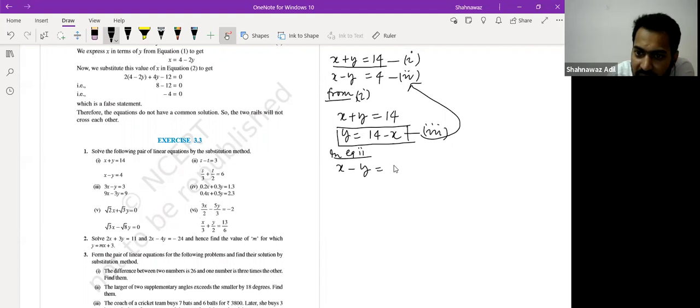So x minus y is 4, right? So this will be what? X minus 14, so plus x is equals to 4, right?